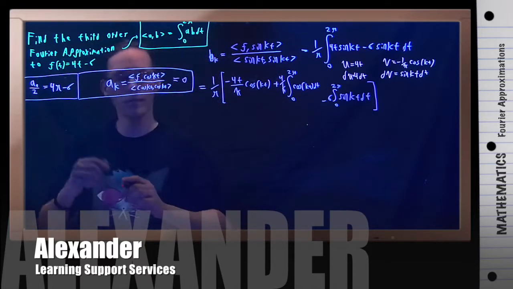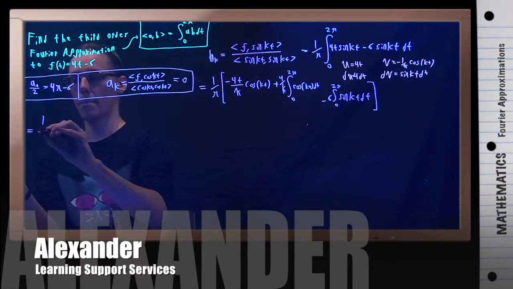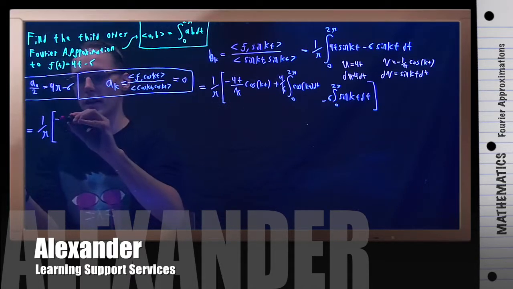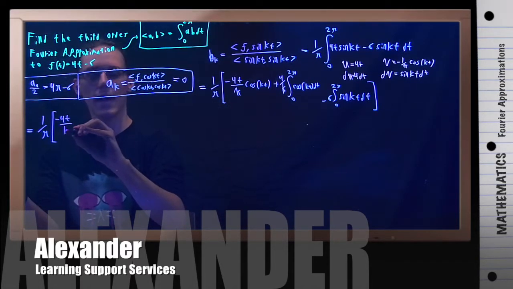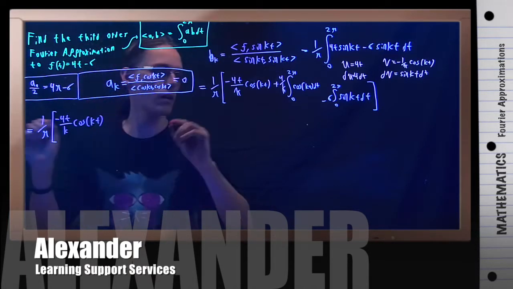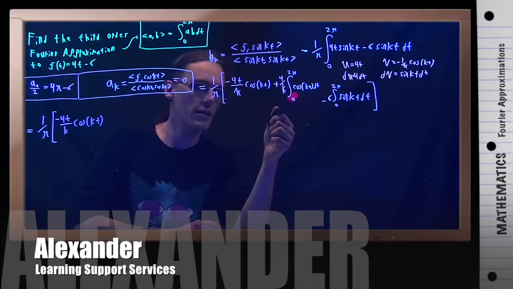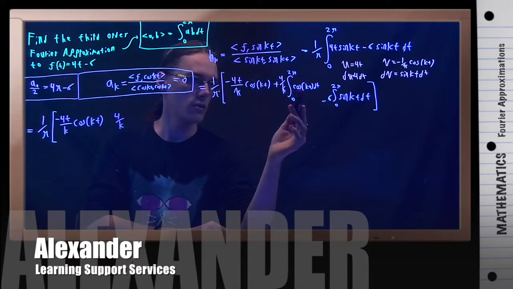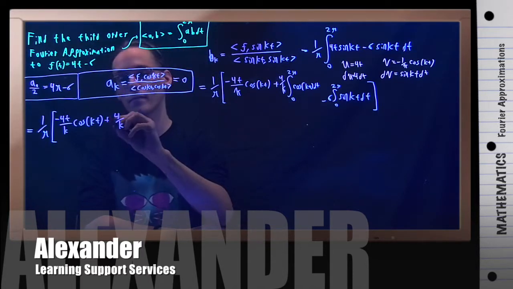Let's come over here. All right. So that doesn't change, negative 4t over k cosine of kt. All right, integral of cosine of kt, that's going to be, let me leave the sign off, 4 over k. So this is going to be a positive sign.